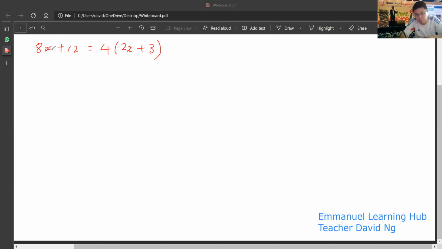Earlier on, I give you this, you expand, give me this, right? Now I give you this, you have to give me this. So how do I know it's like that? You ask yourself, 8 and 12, common factor is 4. HCF is 4. So you take out 4. If I take out 4, 8 divided by 4 is 2x. 12 divided by 4 is 3. Okay?